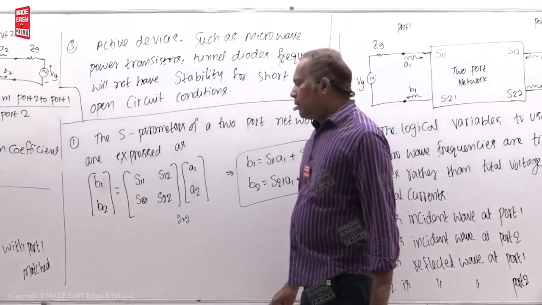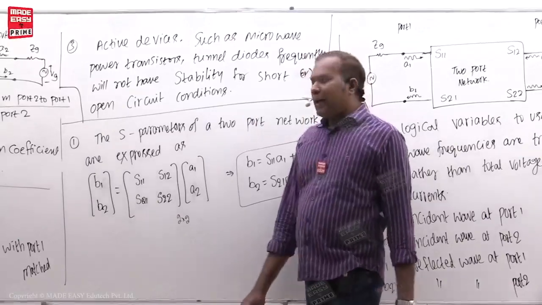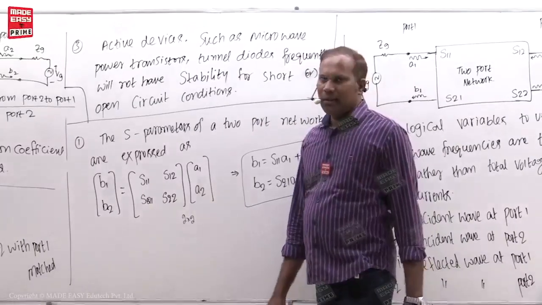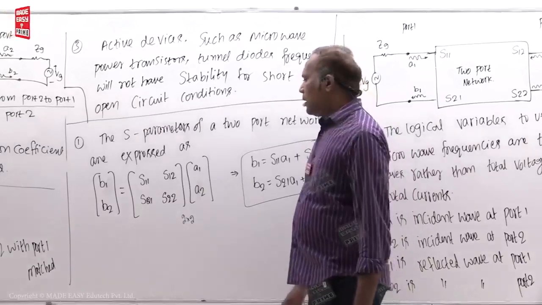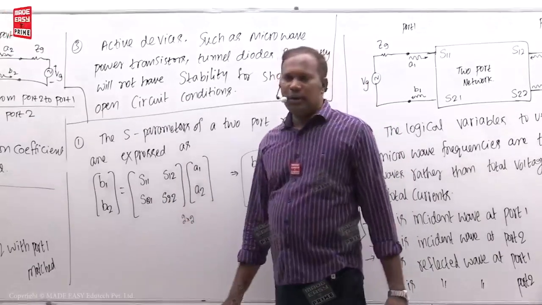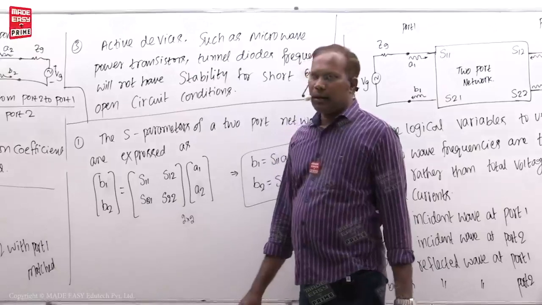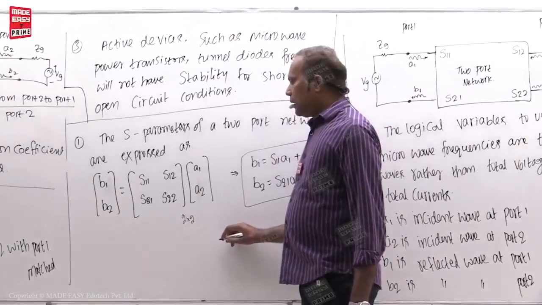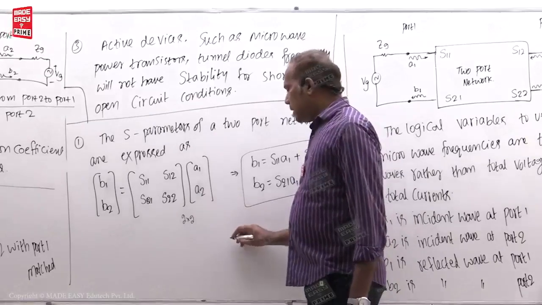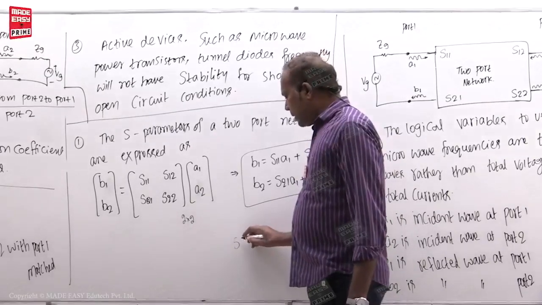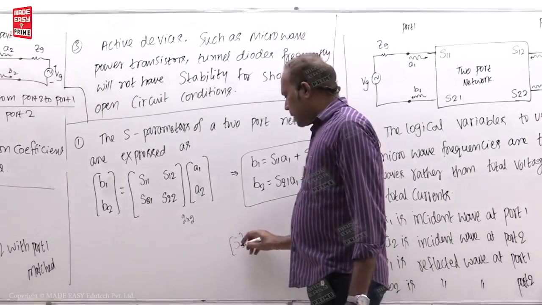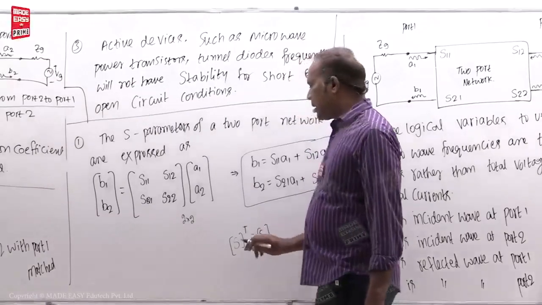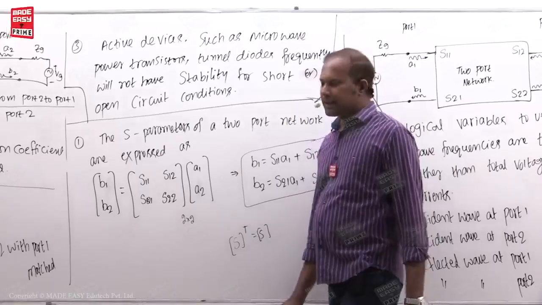Second one, for a reciprocal network, S12 is equal to S21. That means in that case, for a reciprocal network, this matrix is a symmetric matrix. Symmetric matrix means S transpose is equal to S. This is called the symmetric property of the S matrix.